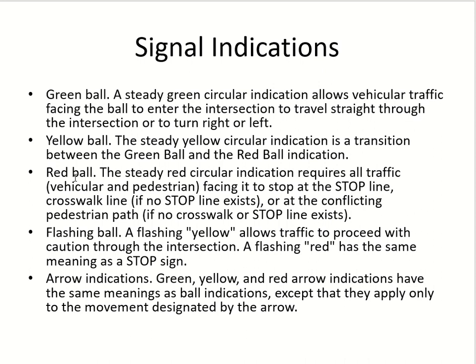If you want to separate the movements, then you use signals which show the movement as well. If you show a simple green, without any arrow, everybody from that direction will move. But if you use a green with a straight arrow, that means green only for straight.